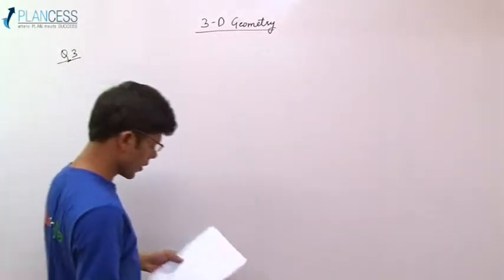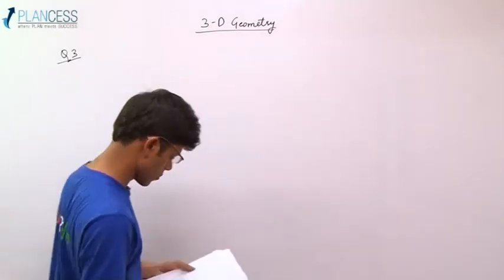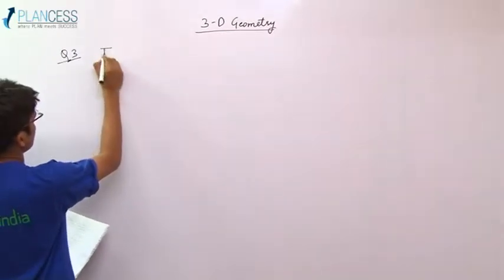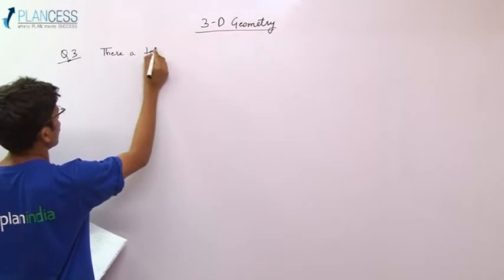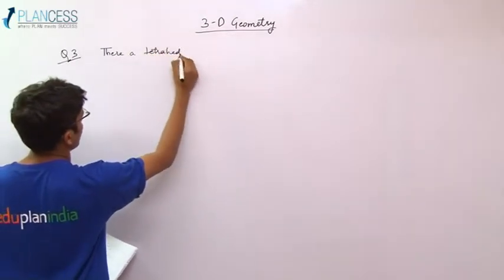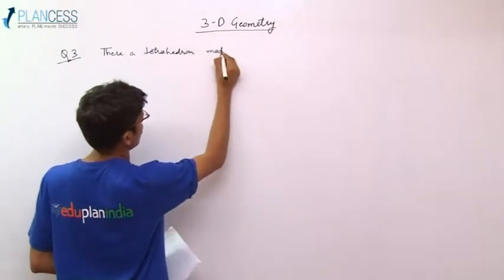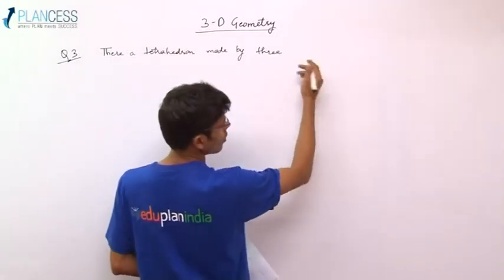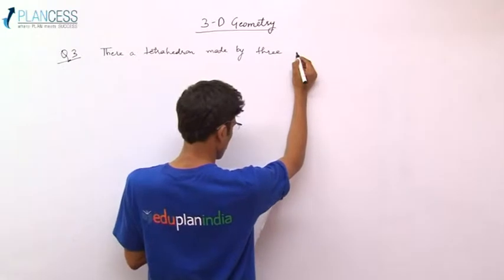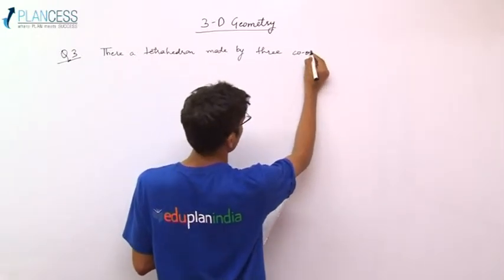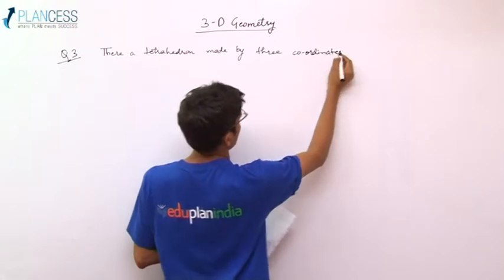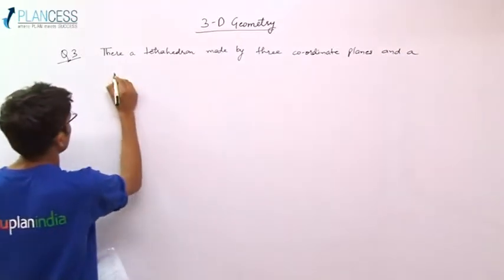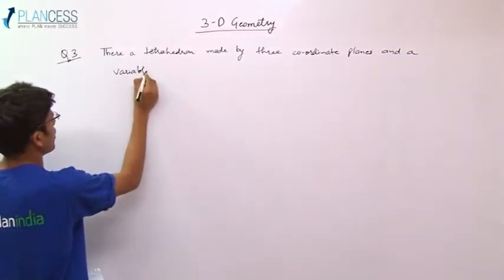Now let's move on to question number 3. There is a tetrahedron made by 3 coordinate planes and a variable plane.